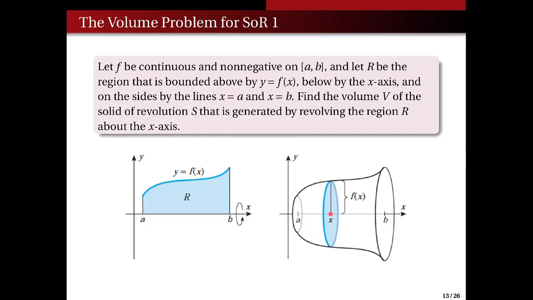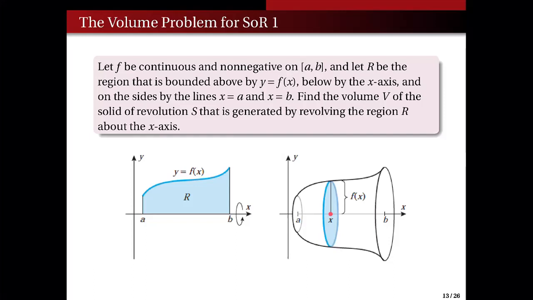So when you revolve this, you will have a solid that looks something like this. It's a solid. There's no hole in the middle, because all the points on this region will create their own ring. But all the points here are really close to each other, I mean, consecutive points are close to each other.